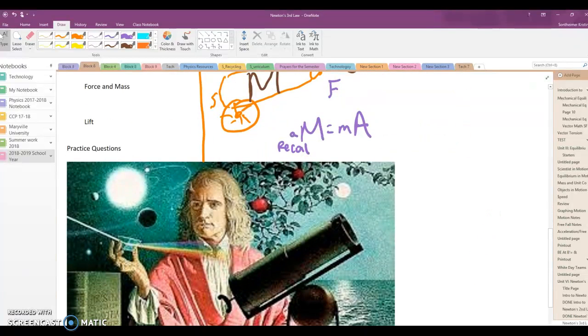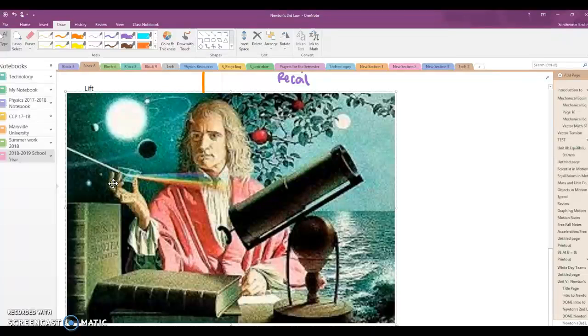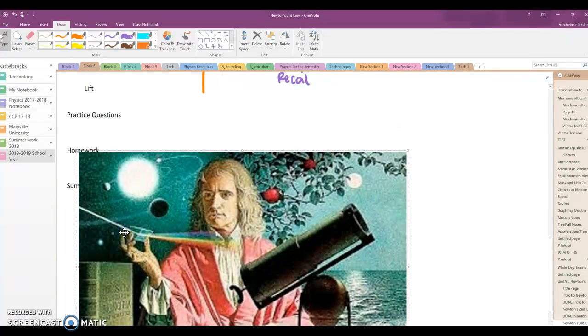Okay, the last thing I want to discuss is lift. This is a complicated one, but when we're dealing with lift, wings and other objects, mostly wings and birds, are designed to have this lift capacity.